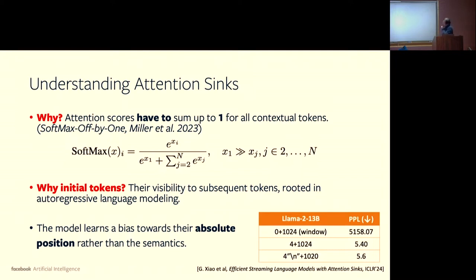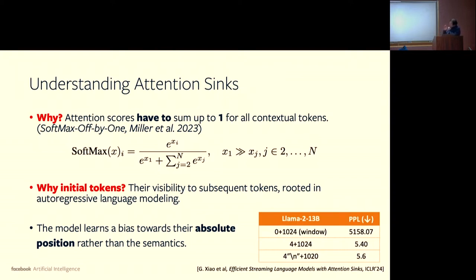And it doesn't matter what these first few tokens are; you can replace them with just a newline, and it gives very similar perplexity. However, if you get rid of the first few tokens, all of a sudden the model breaks. The perplexity goes up to like 5,000, which basically means it gives you garbage. So the first few tokens are important, but only their position is important rather than the content.